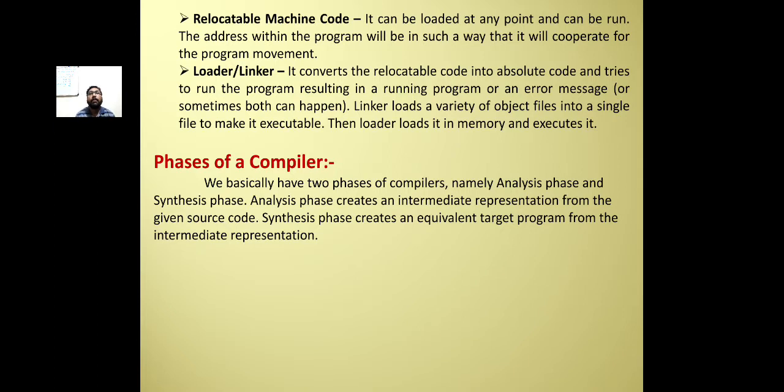Phases of a compiler. We basically have two phases of a compiler, namely the analysis phase and the synthesis phase. The analysis phase creates an intermediate representation from the given source code. The synthesis phase creates an equivalent target program from the intermediate representation.